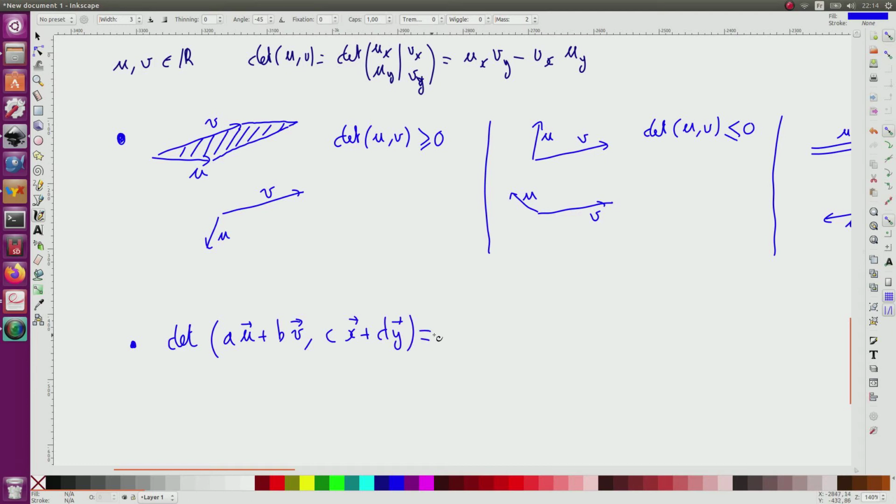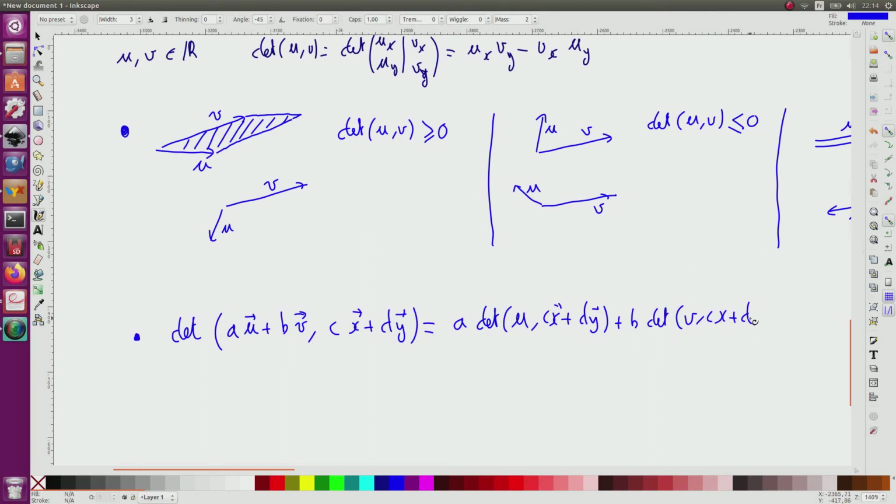So I can write that it is equal to a multiplied by the determinant of U, cX plus dY, plus b determinant of V, cX plus dY.